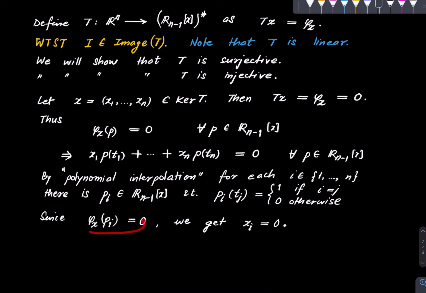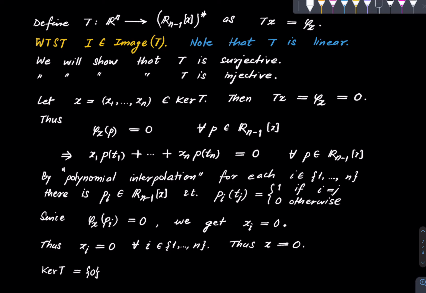Because once you substitute pi here, this expression has only one term surviving, which is the ith term, and that is xi, which shows xi is equal to 0, and therefore, since i was arbitrary, xi is 0 for all i, and thus x is 0. x was arbitrarily chosen in the kernel. So what we have shown is that the kernel of T is trivial, which implies T is injective, and this is what we wanted.